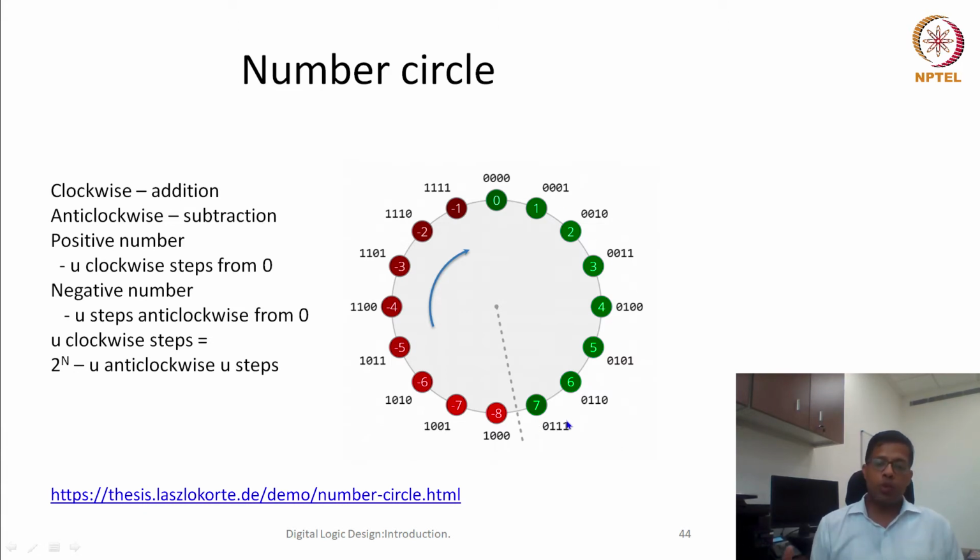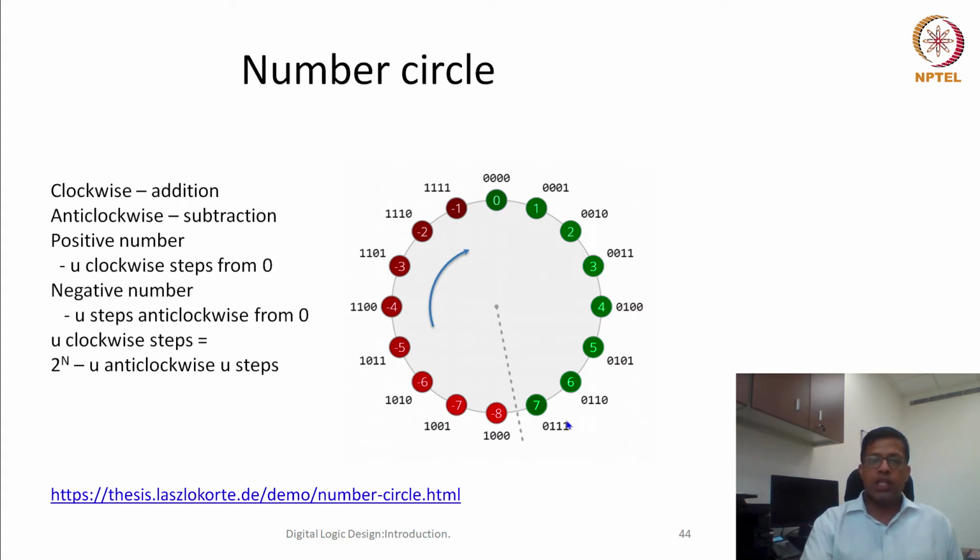So this is also a nice property. That means if I want to see whether a number is positive or negative, I need not do any other calculation. I need not, for example, subtract a bias or do some other comparison. I can directly look at the most significant bit. If that bit is 1, then the number is negative, otherwise the number is positive.